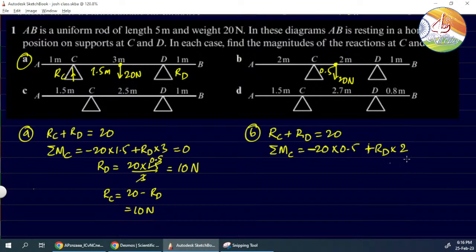The total should be 0. RD equals 20 into 0.5 by 2, that is 20 by 4, which is 5. So RD is 5 newtons, and RC will be 20 minus RD, that is 15 newtons, correct?